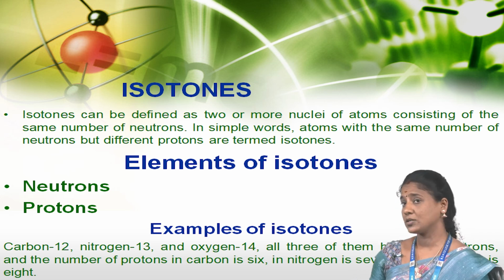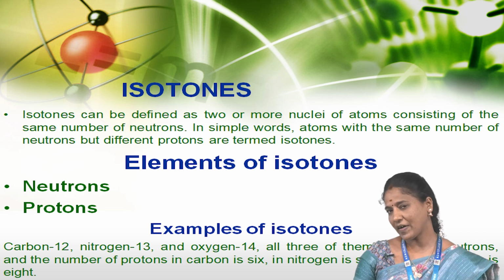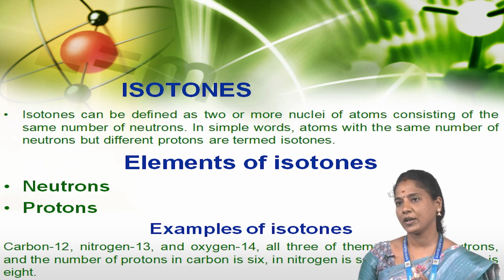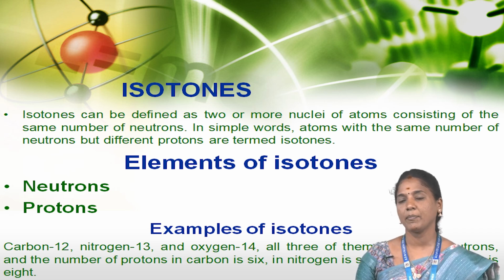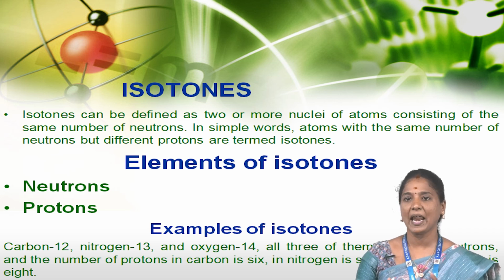Next one is protons. The proton was discovered in 1886 by Goldstein. The word proton means first in Greek. Rutherford gave this name in 1920 to the hydrogen nucleus. A proton is a subatomic particle having a positive charge. The positive charge of the proton is equal in magnitude to a unit of electron charge.